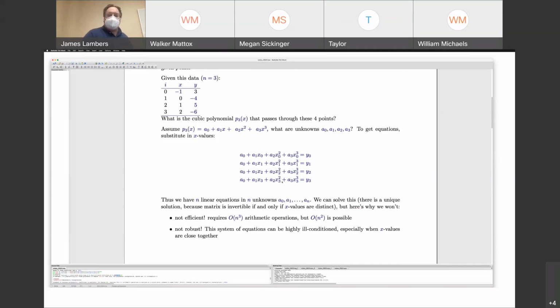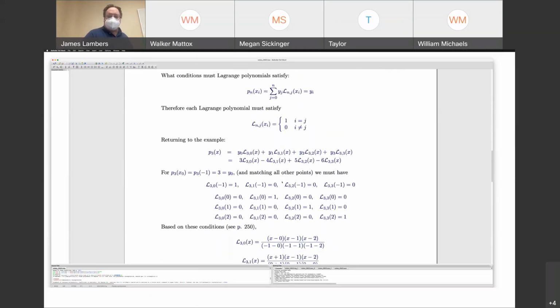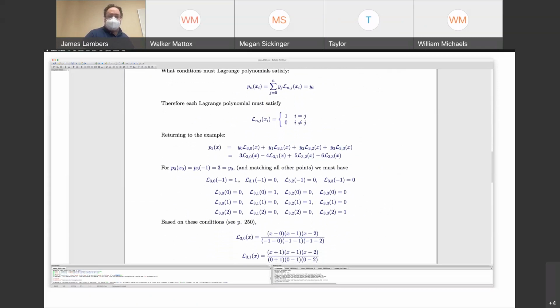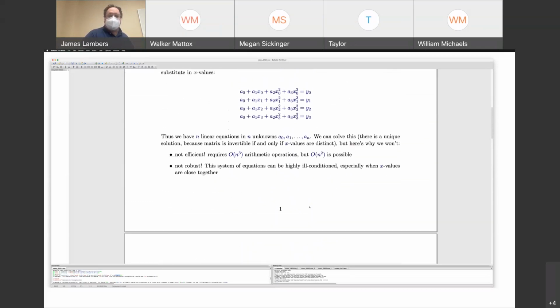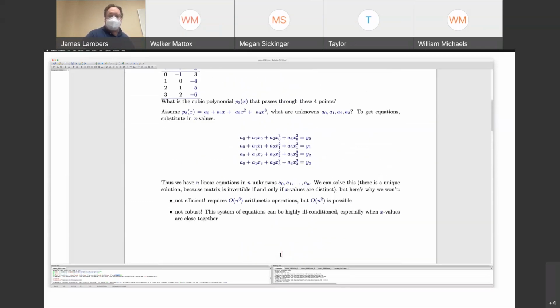By choosing the Lagrange polynomials that are equal to 0 in most cases but 1 in these cases, the matrix of this system becomes the identity matrix. Therefore, the system is easy to solve because the unknowns a0, a1, a2, a3 end up being just the y values. It takes the whole solving a system of equations thing out of the picture.